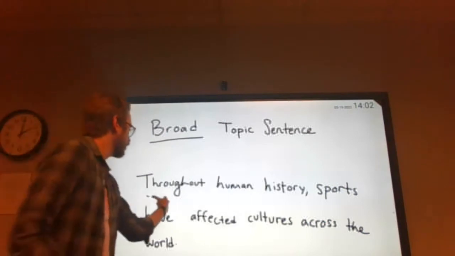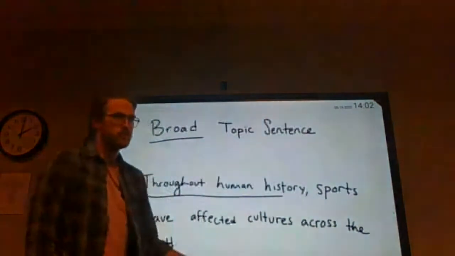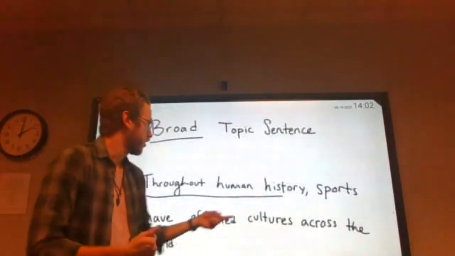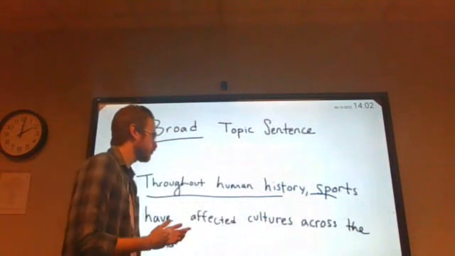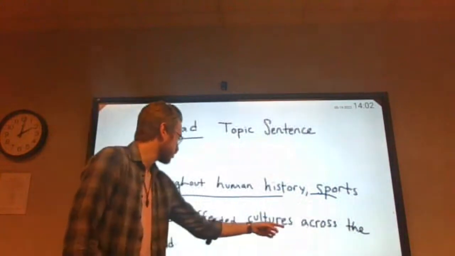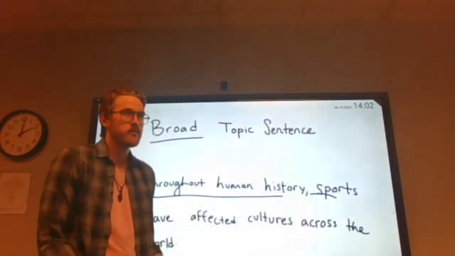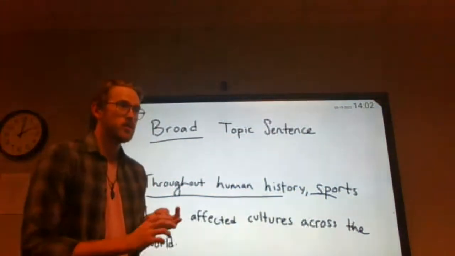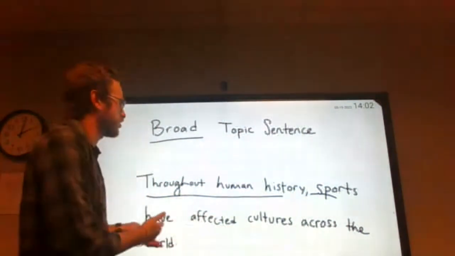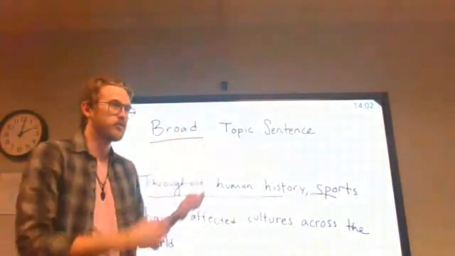Okay, throughout human history, that narrows it down to a few million years, right? Sports, you're talking baseball, football, basketball, hockey, soccer, tennis, golf, affected cultures across the world. I didn't even pick a hemisphere. United States, China, Indonesia, Bolivia. What are we talking?